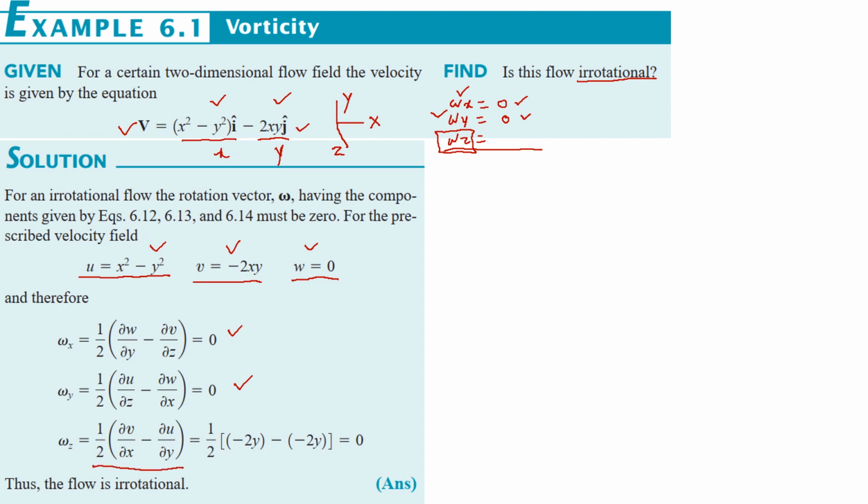We will use the term that we derived in the previous lecture, with the help of the partial derivative along x of the v velocity and the partial derivative along y of the u velocity.